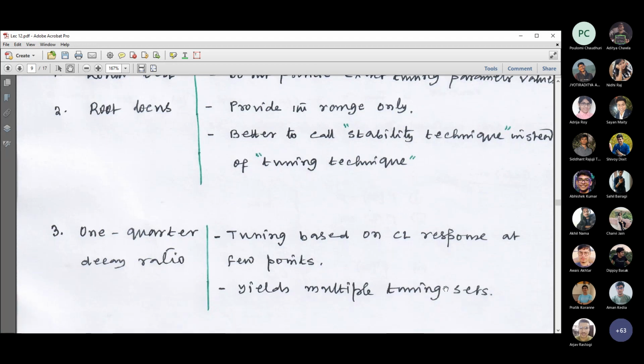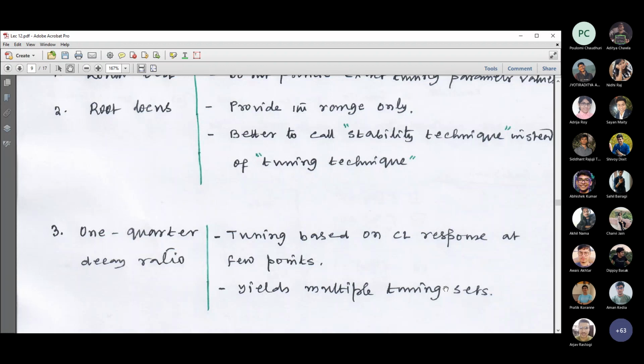Next, another method we have discussed subsequently, that is the 1/4 decay ratio criteria. This is based on closed loop response at a few points, in fact based on only 2 points, and this method yields multiple tuning sets.